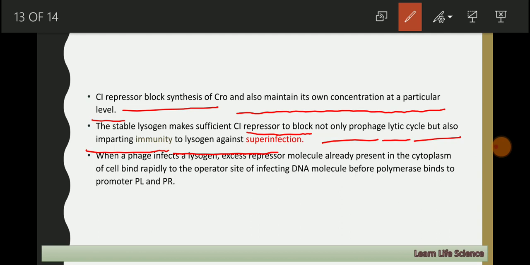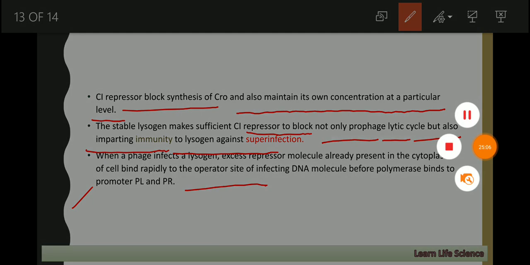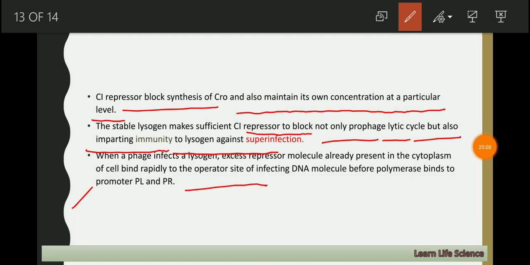When a phage infects a lysogen, excess repressor molecules already present in the cytoplasm of the cell will bind rapidly to the operator site of the infecting molecule before polymerase binds to the promoters PL and PR.